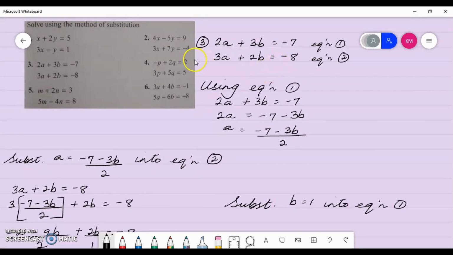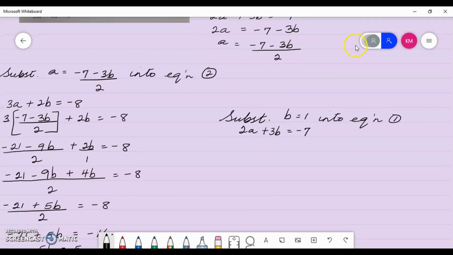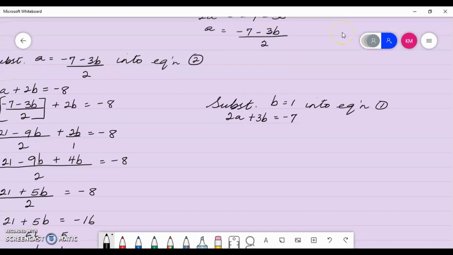Equation 1 was 2a plus 3b is equal to negative 7. So I can substitute that value of b being 1. So 2a plus 3 multiplied by 1 is equal to negative 7. So I get 2a plus 3 is equal to negative 7.